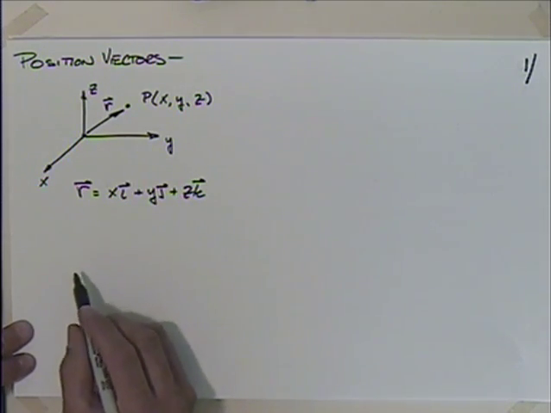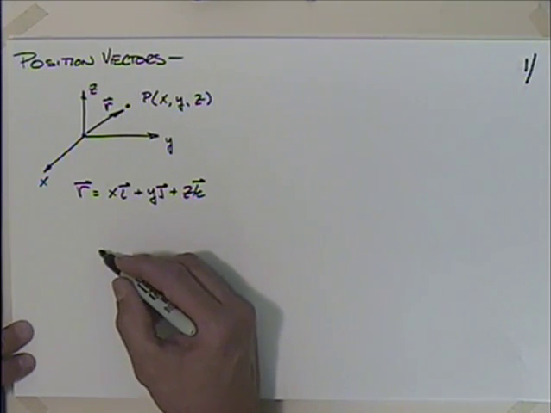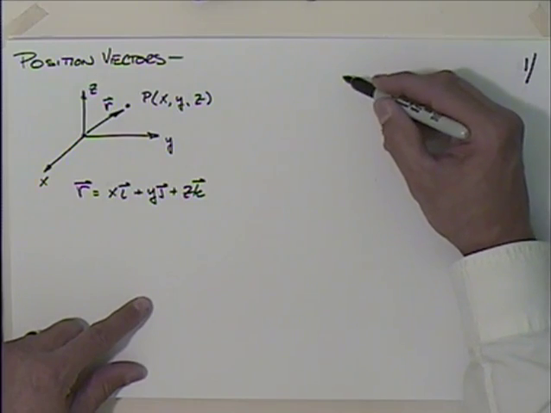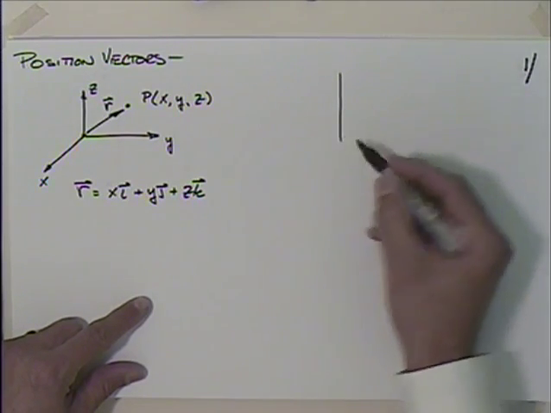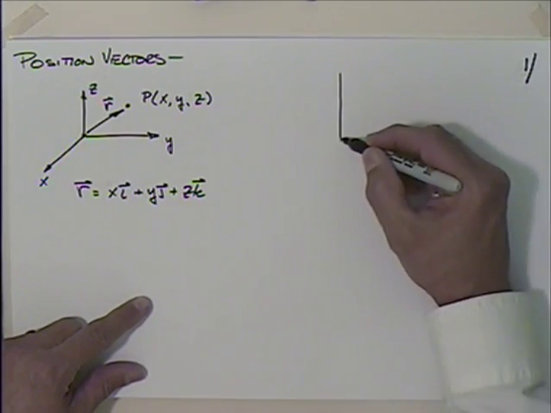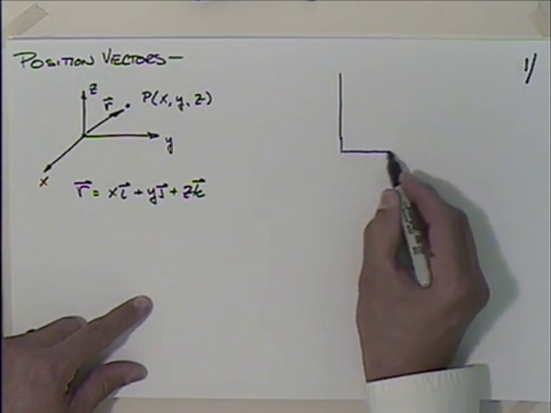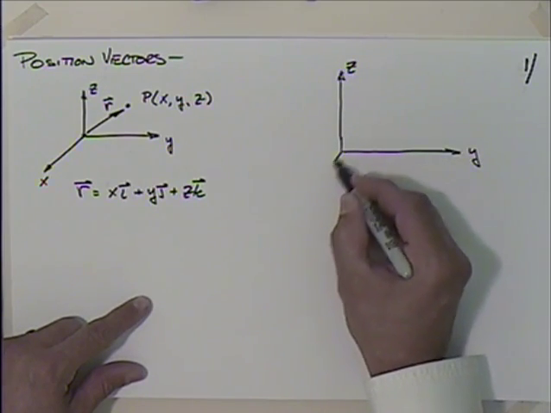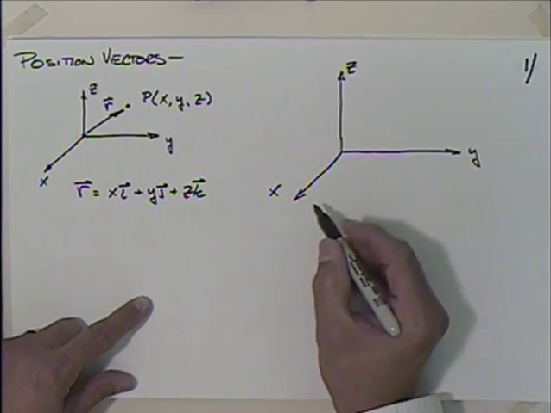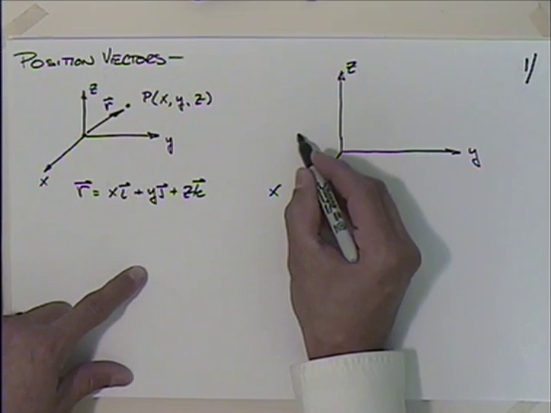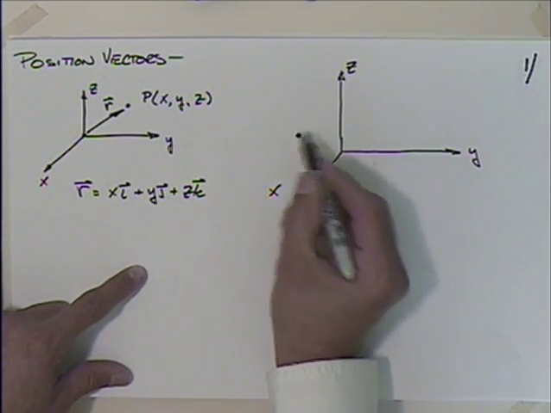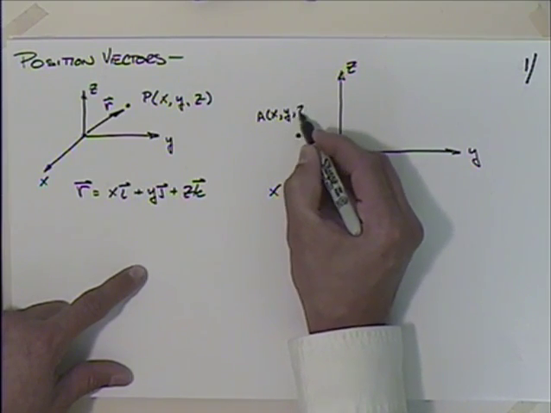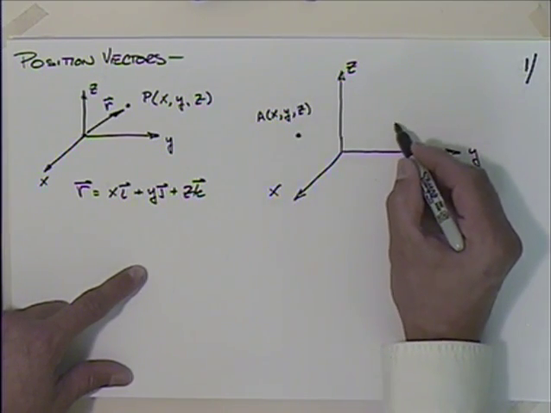If we were to look at a bit more complicated system, maybe I'll come over here and draw that. Again, I'll start with a right-hand coordinate system, y and z and x out here, and I'll put a point out here. Maybe I'll say that this is A, and it's going to have some x, y, and z. And then I'll put a point out here.